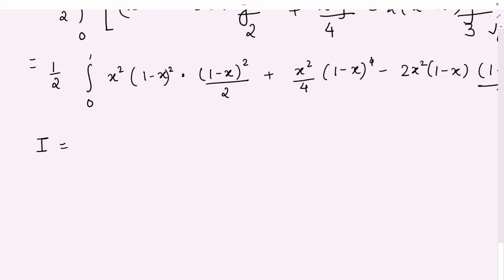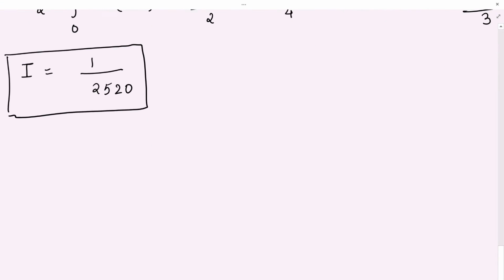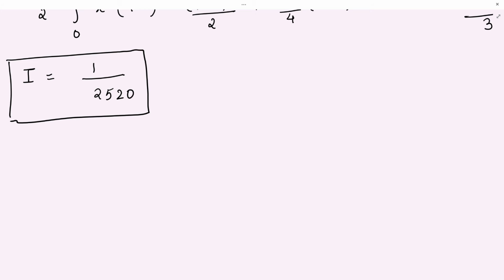After simplifying and after integrating, the answer will be 1 upon 2520. Please kindly check whether integration with x gives you the same answer. You have to check the last integration which I've left up to you.